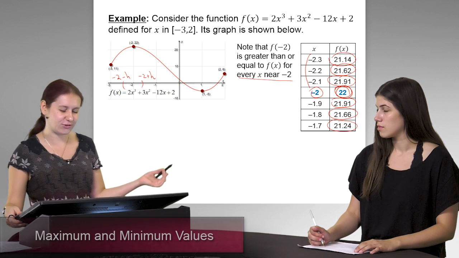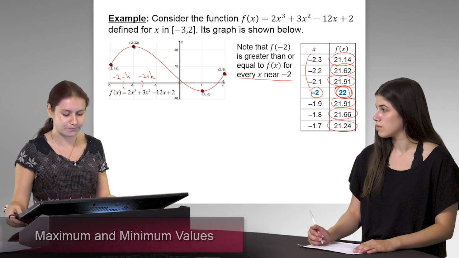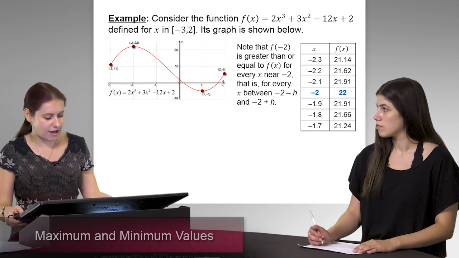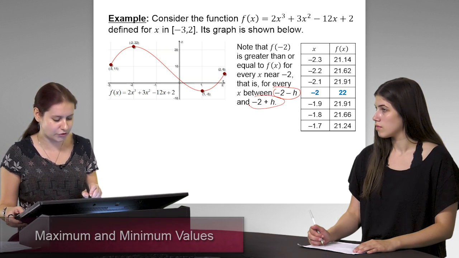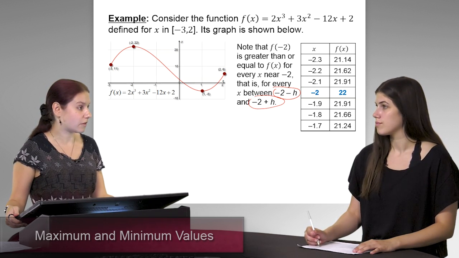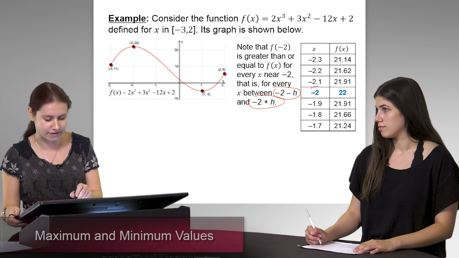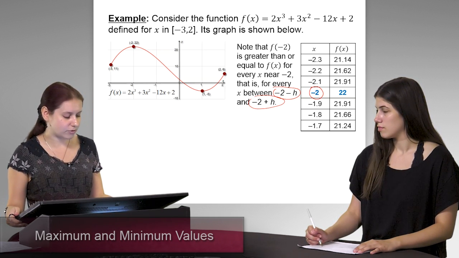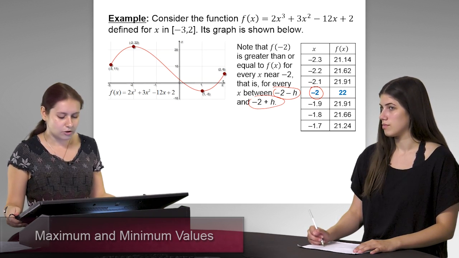Of course, we could not check all x here. It's just a table with 6 numbers around negative 2. That means that for every x between -2 minus h and -2 plus h, all the numbers are smaller than 22, then f of c, if you remember that c, we found that c. Here it is. So this is exactly, your intuition was correct, and this indicates a local maximum.